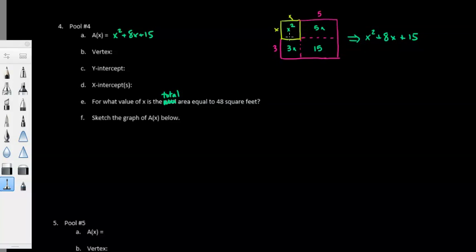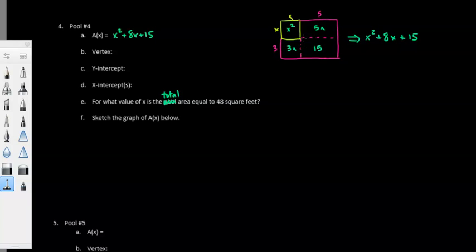And just to recall, what we did was we took the pool area to be x squared, because it was just x times x. Then we took the deck and we divided it up into 3 different rectangles by drawing in a line here and another line here. And this rectangle was a 5-foot by x feet rectangle, so it had an area of 5 times x. This one was 3 feet by x feet, so it had an area of 3x.